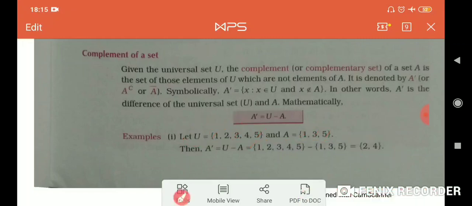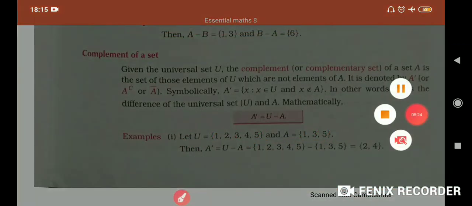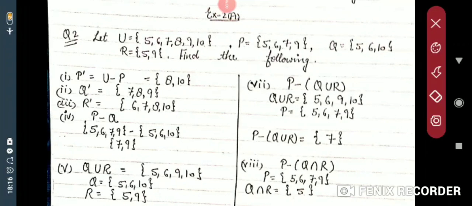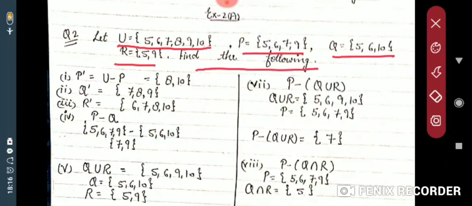Okay, now we'll solve some sums. So we'll solve this exercise. Here universal set is given, set P is given, set Q is given, set R is given. Now you have to find the following according to this. First, find the P complement. How can you find the complement of P?